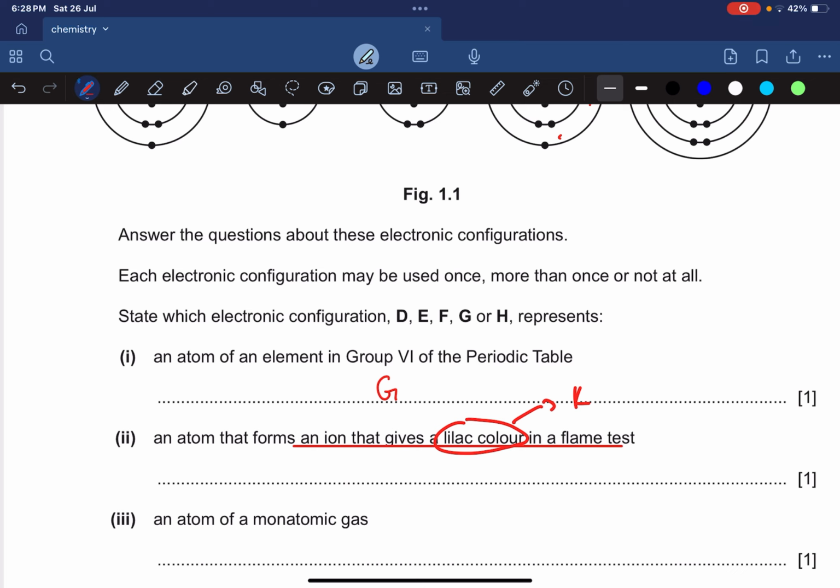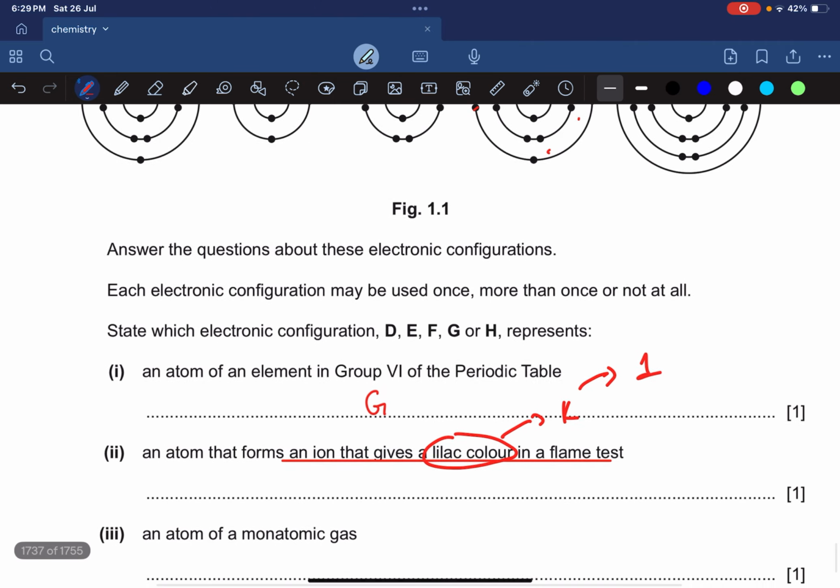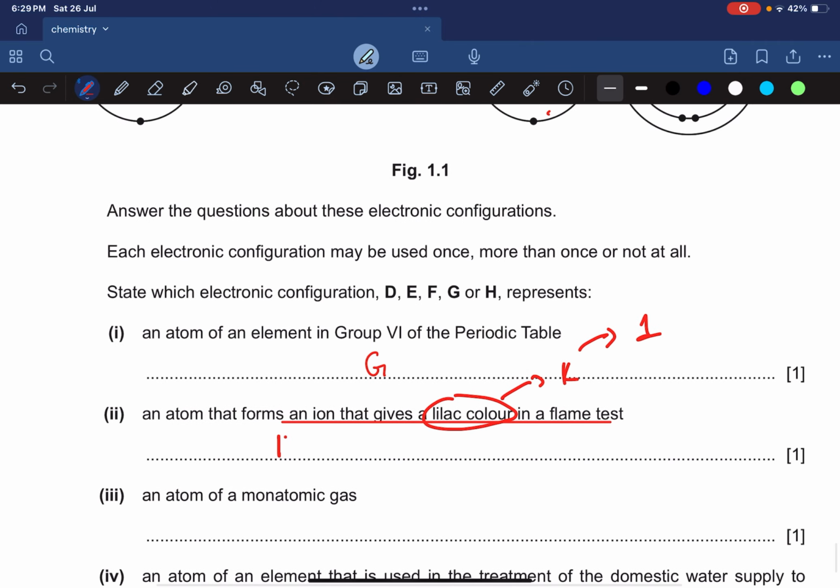So this is going to be potassium, and potassium is in group 1 of the periodic table. Here goes H. H has 1 electron in its outermost shell, and you don't even need to count the number of electrons. 1 electron in the outermost shell is definitely group 1, and potassium is in group 1, so that's going to be H.